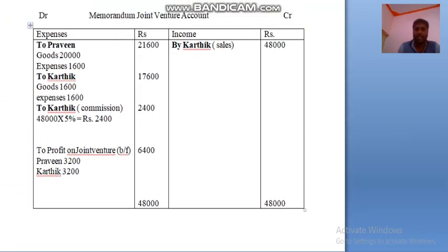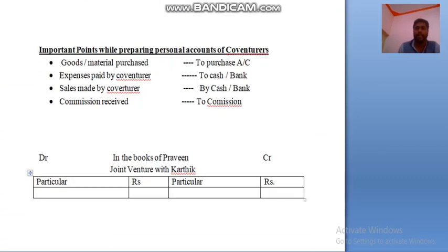The first transaction is what? To Praveen 21,600, and this transaction belongs to Praveen. So record in Praveen account. So goods rupees 20,000 and expenses 1,600. If you purchased goods, that should be debited with purchase account. So to purchase, how much? 20,000.